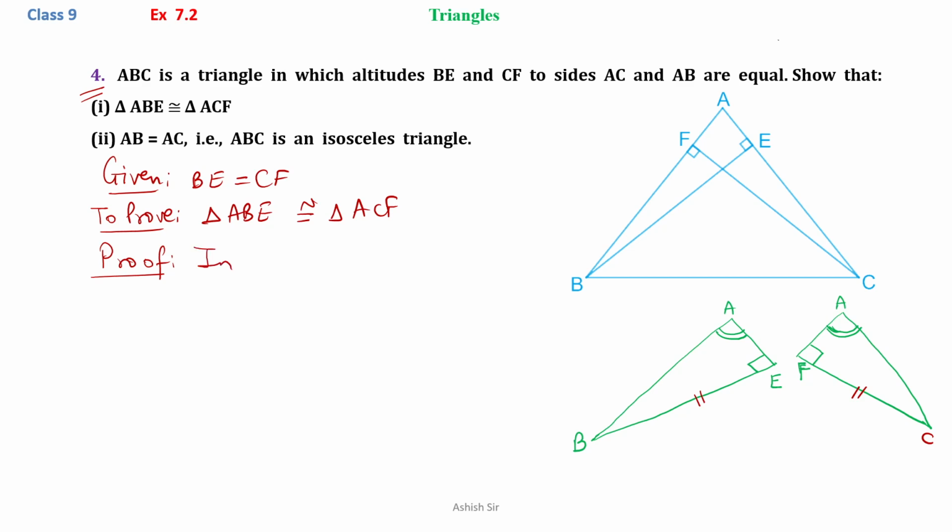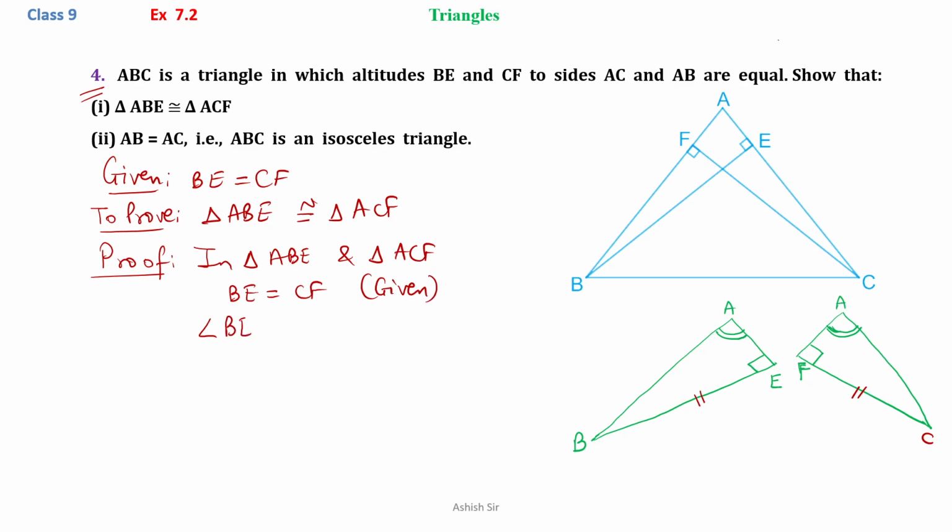We take up triangle ABE and triangle ACF. What is given to us is, first of all, BE is equal to CF. These two sides are given as equal.